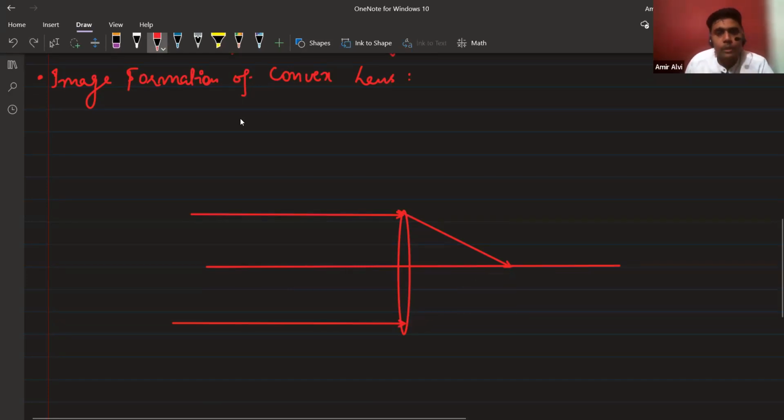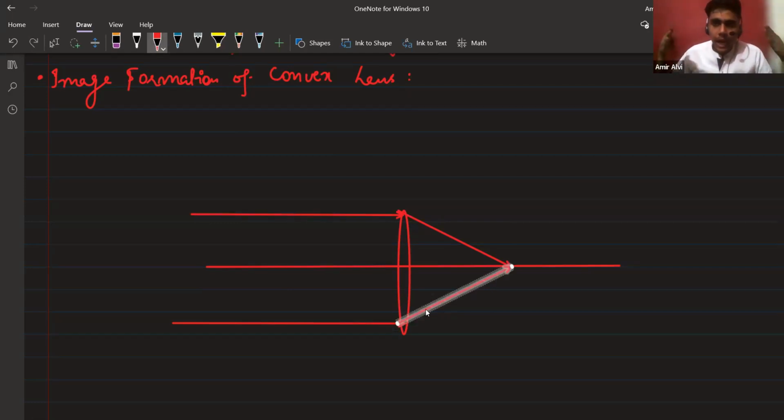So now tell me, why is this lens called converging? Converge means diverting to one point. Got it? Everybody got this point? Why is it called a converging lens? Very good. So this is your O, and this is your F1.